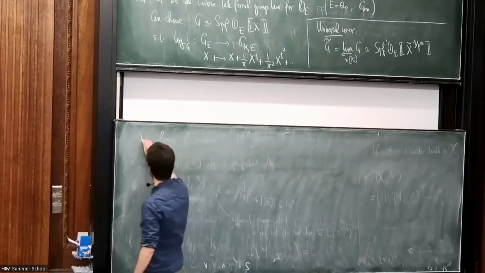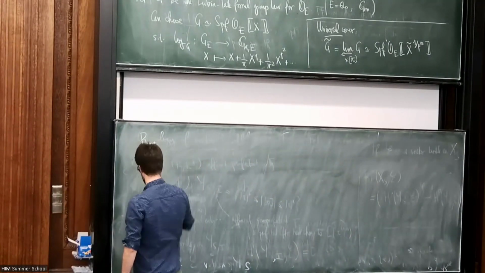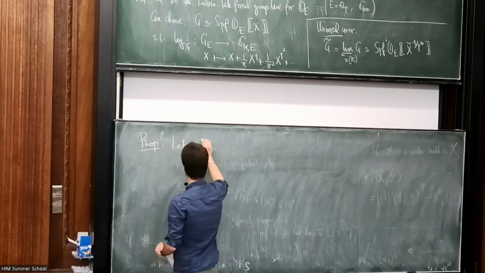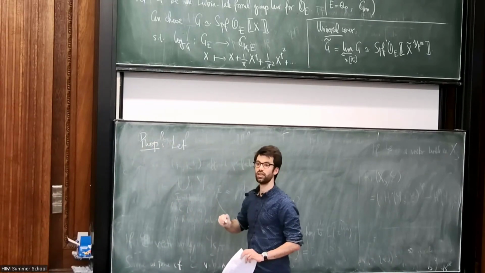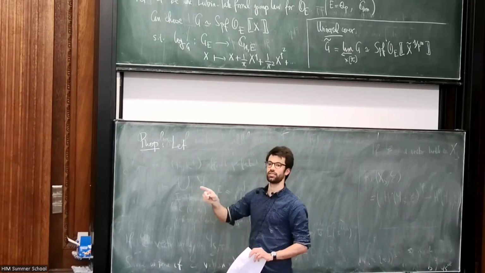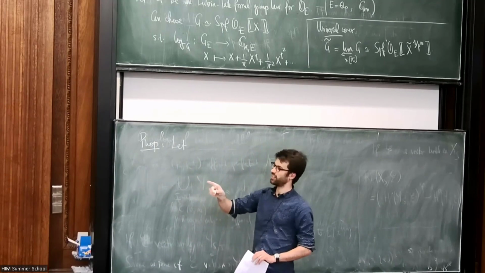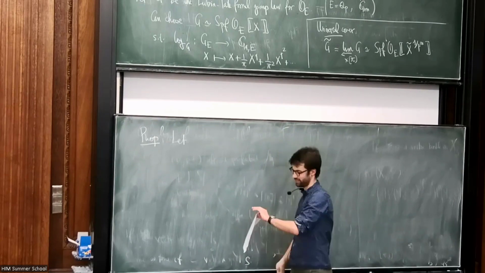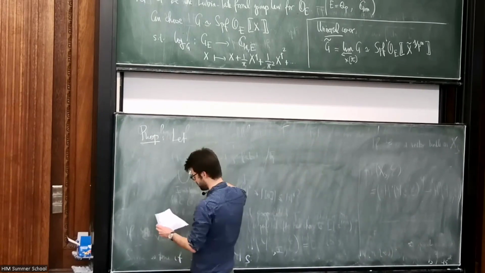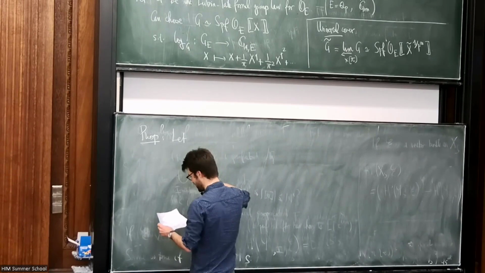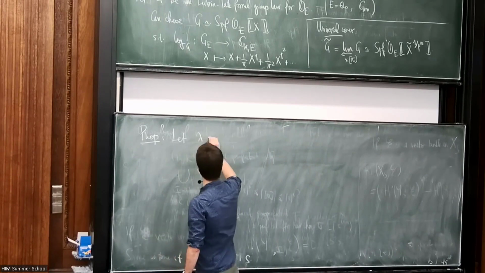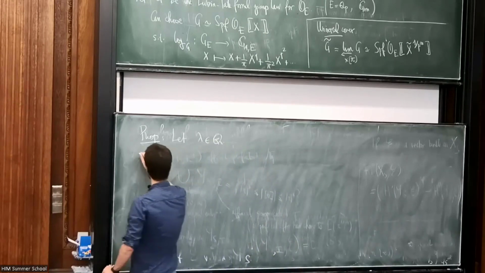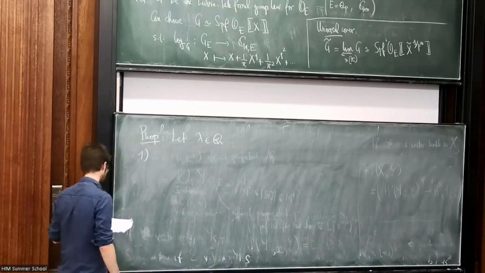Okay, so here is the proposition. Yeah, maybe let me come back to it after. I really want to state this proposition before stopping. So let's pick lambda a rational number. The proposition has several parts.